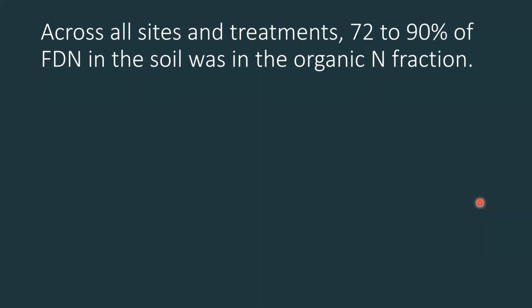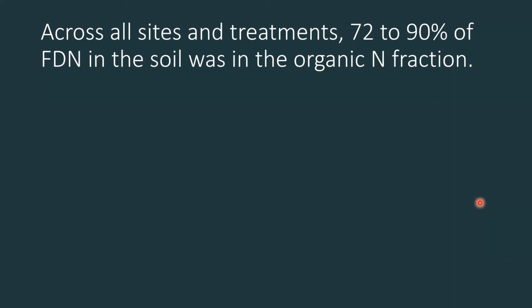Now, as was just noted in the previous slides, the majority of fertilizer-derived nitrogen is retained in the top 6 inches of the soil across all sites. And when I analyzed the soil to see how much of this fertilizer-derived nitrogen is in the inorganic form versus the organic nitrogen forms, I found that 72 to 90% of the fertilizer-derived nitrogen is actually in that organic nitrogen fraction.